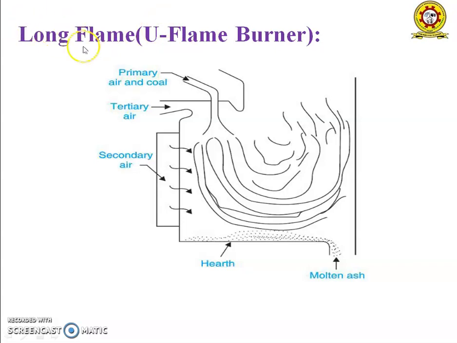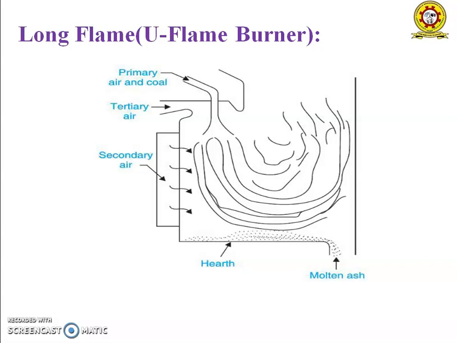In this, primary air with coal and the secondary air are supplied as shown in the figure. In this system, the burner discharges the air and fuel mixture vertically with practically no turbulence and produces a long flame.